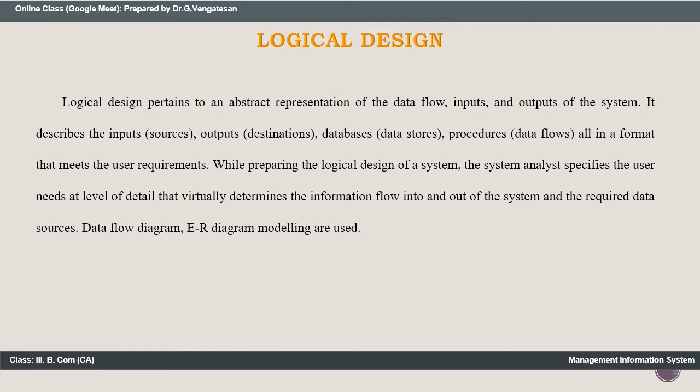So logical design is an abstract representation of the data flow, which consists of input, processing, and output: in what ways the data can be sourced, and in what divisions the data can be distributed through outputs, how the data are stored in the databases, and in what way they communicate with each other.